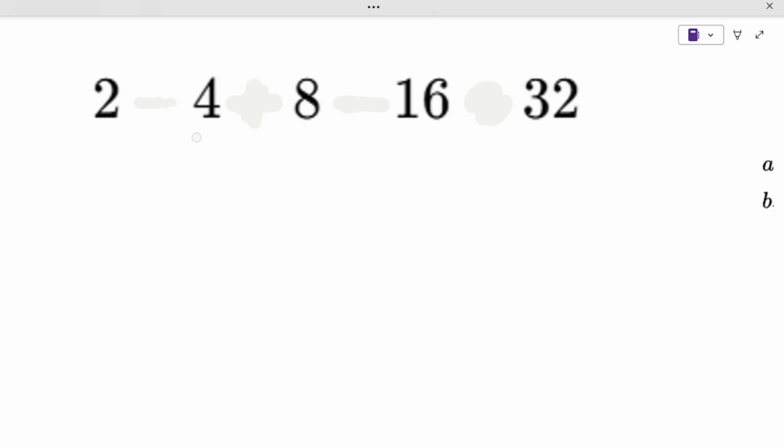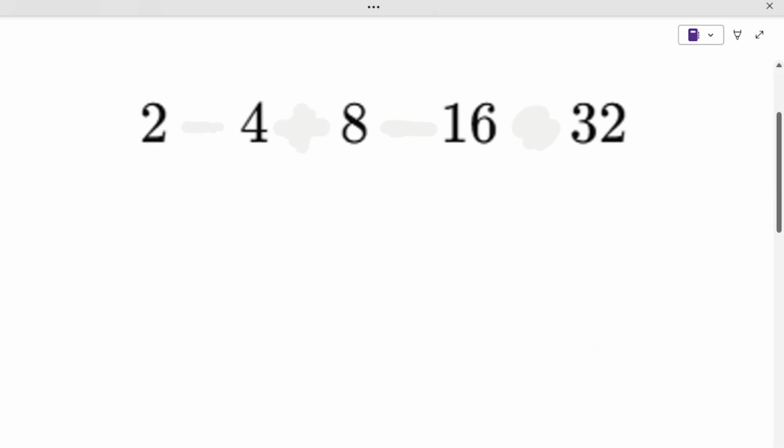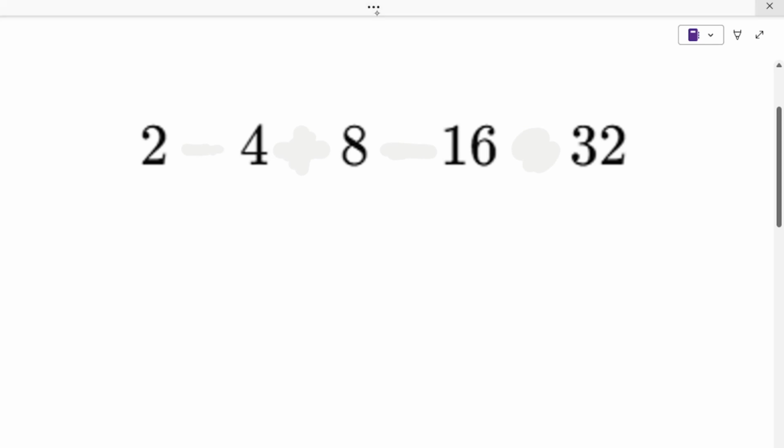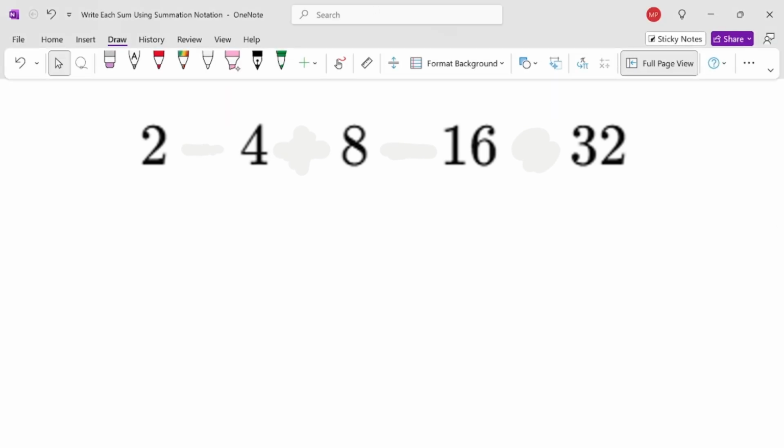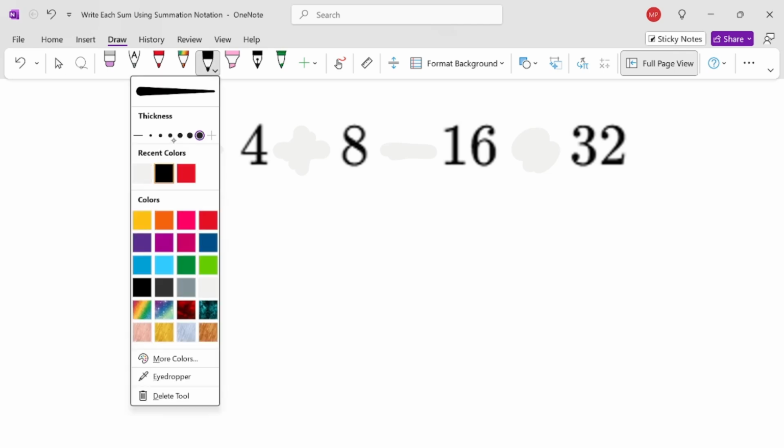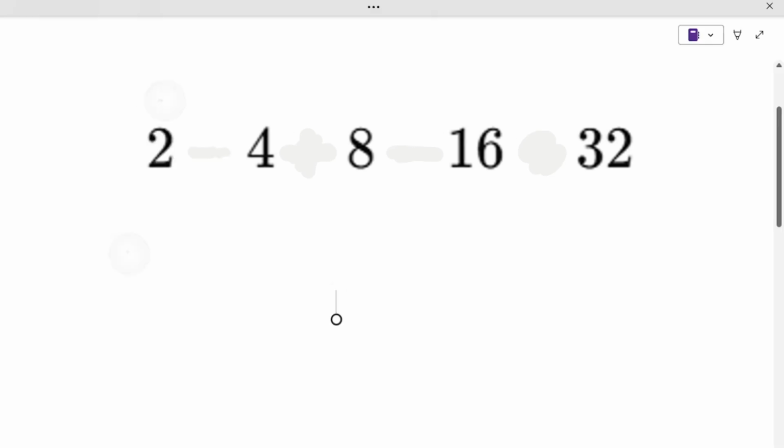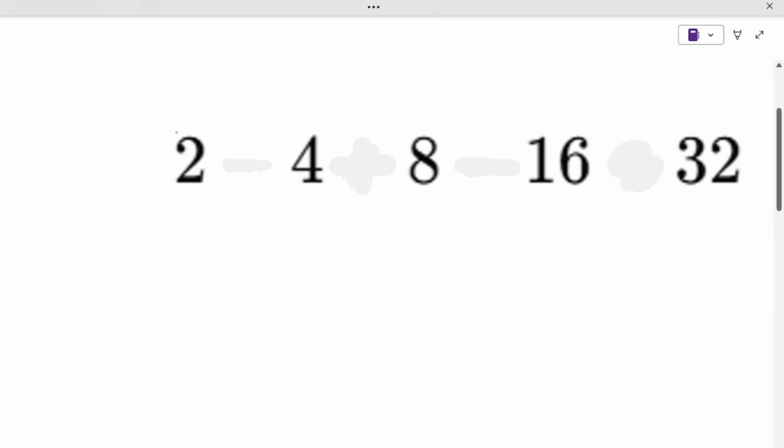Okay, the first thing that we want to do is write what's called a term number above these numbers that we have. So I'm going to write "term" up at the top.